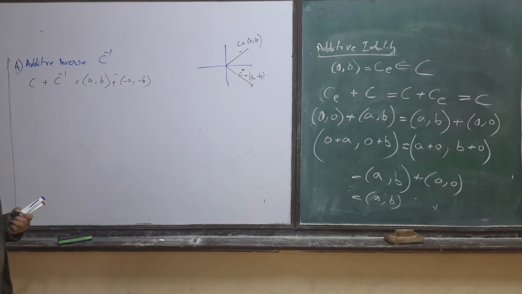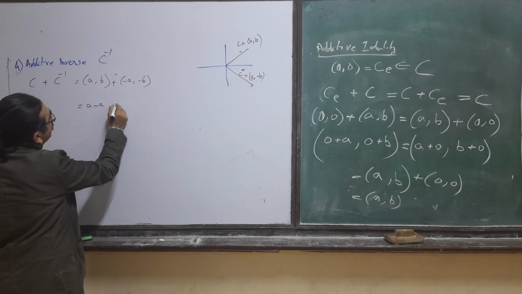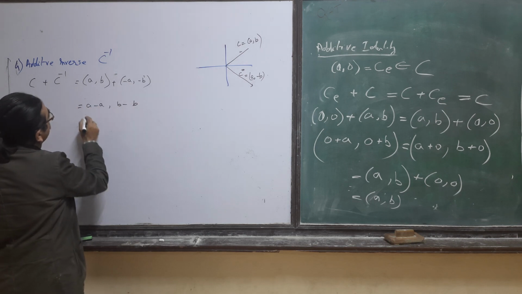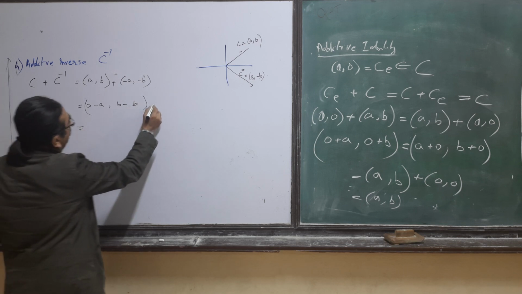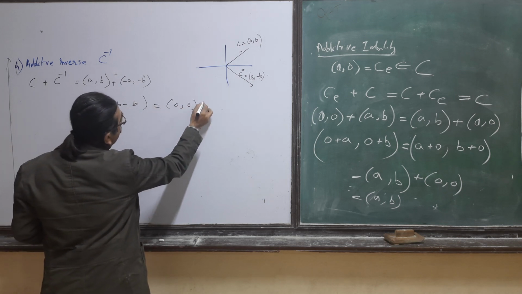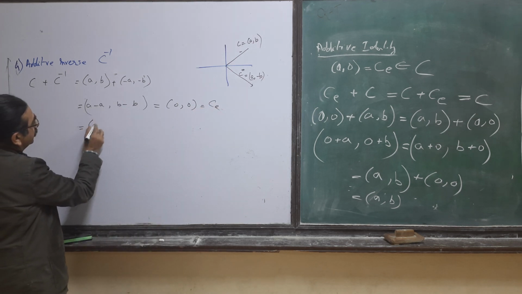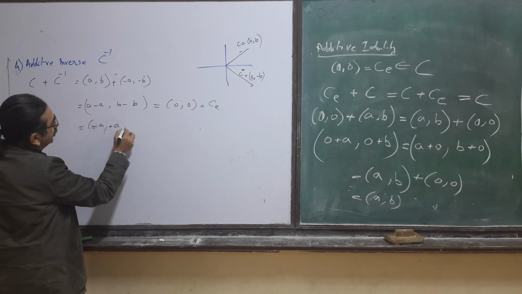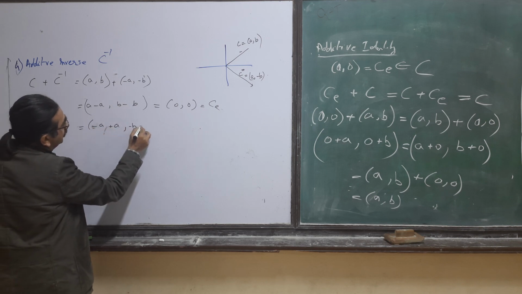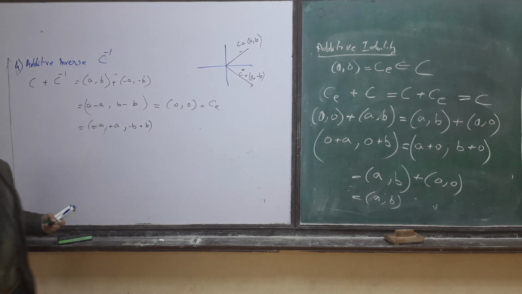When you add, this will be A minus A, B minus B, that is 0, 0. This may be written as minus A plus A, minus B plus B. They can be written this way.